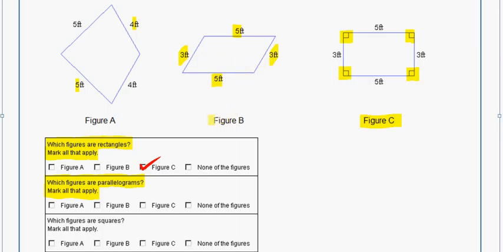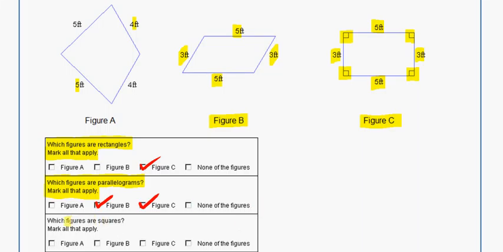So figure B is a parallelogram, and we know figure C is a parallelogram because it is a rectangle. So we have 5 feet and 5 feet on opposite sides and they are parallel, and 3 feet and 3 feet on opposite sides and they're also parallel. So for question 2, figure B is a parallelogram and figure C is a parallelogram.